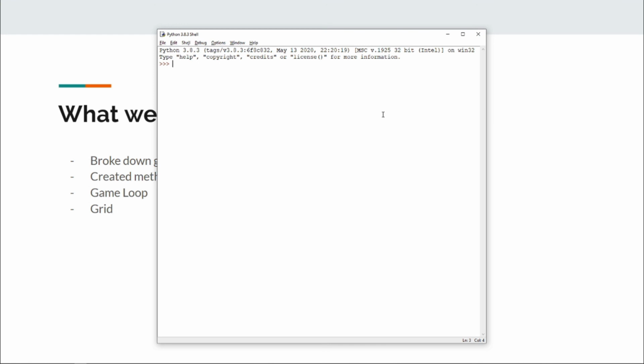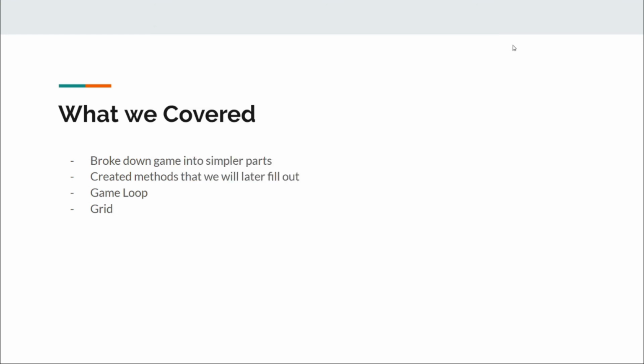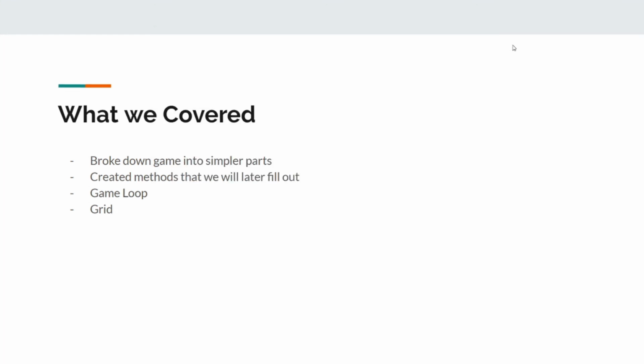But we broke down the big task of making this game into simpler parts by creating methods that now simply need to be filled out. We also have our game loop set up, and we made our grid.